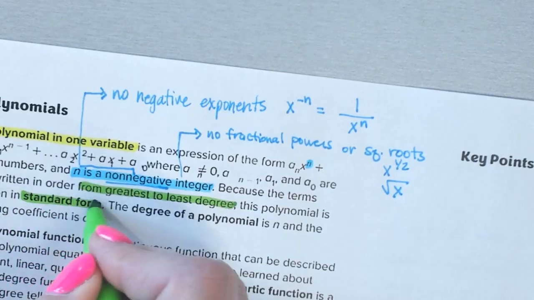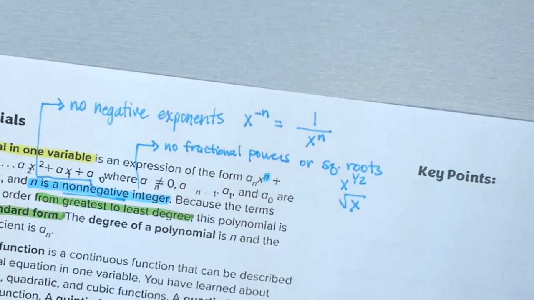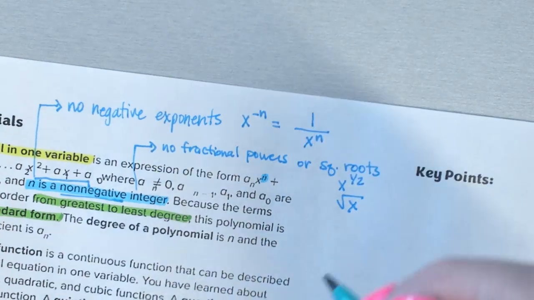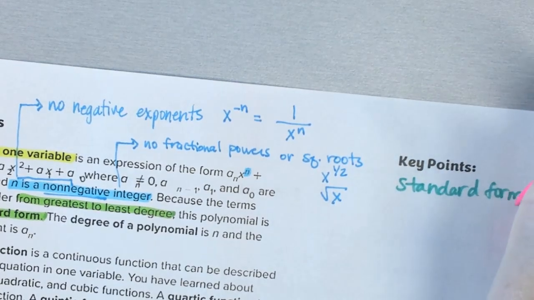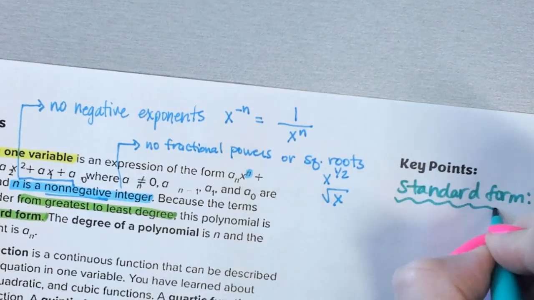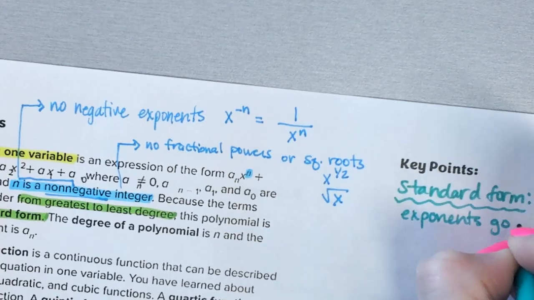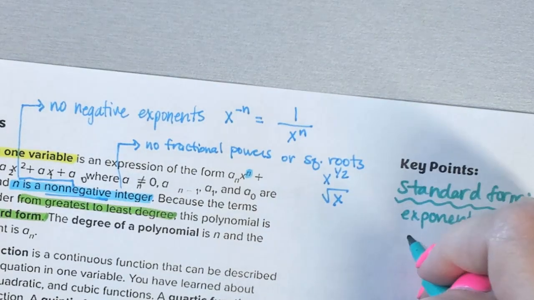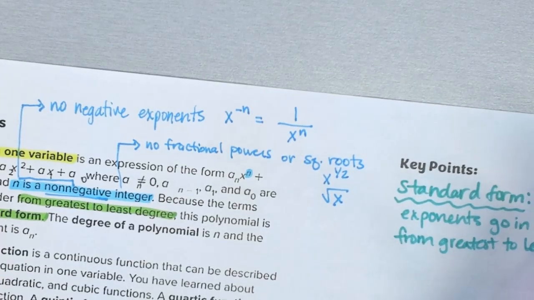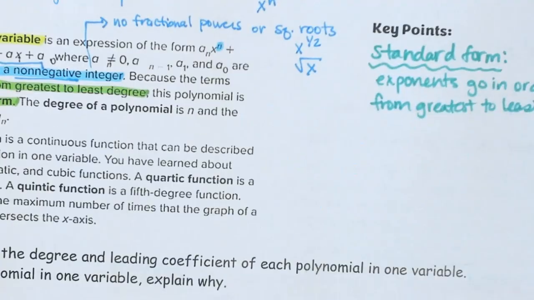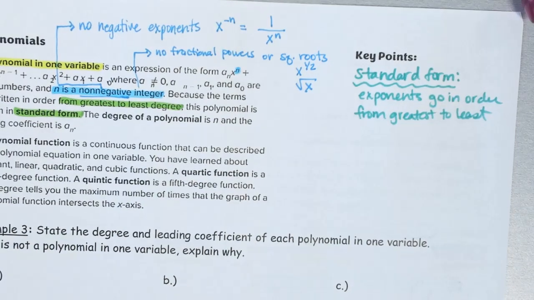written in standard form. Okay, so anytime you have a polynomial in standard form, the exponents go in order from greatest to least. So you start with the largest exponent and then you go to the smallest.